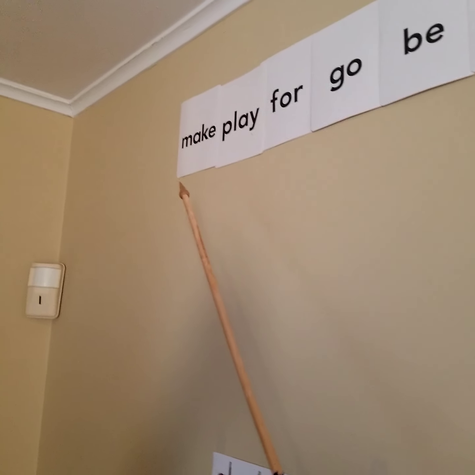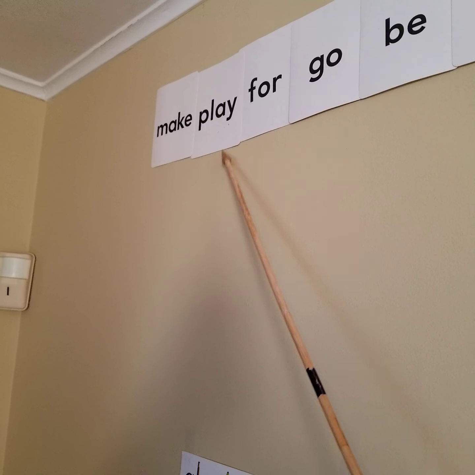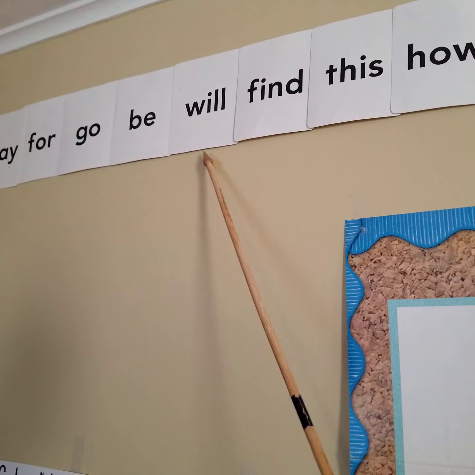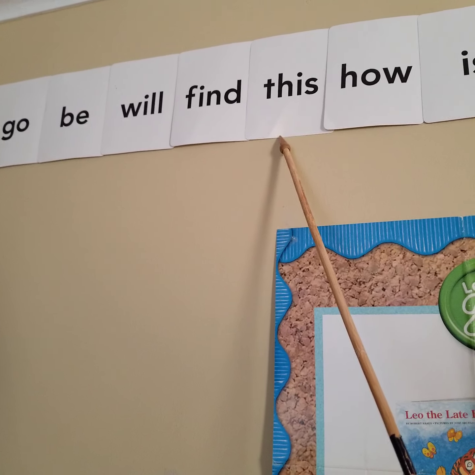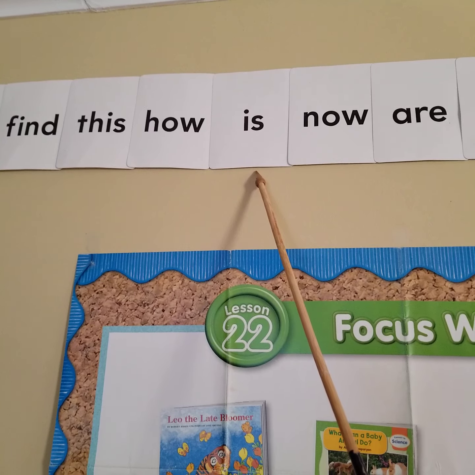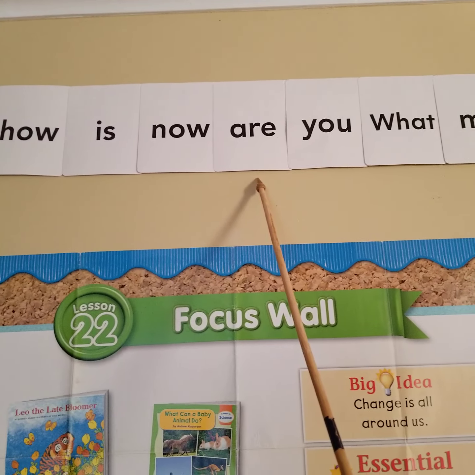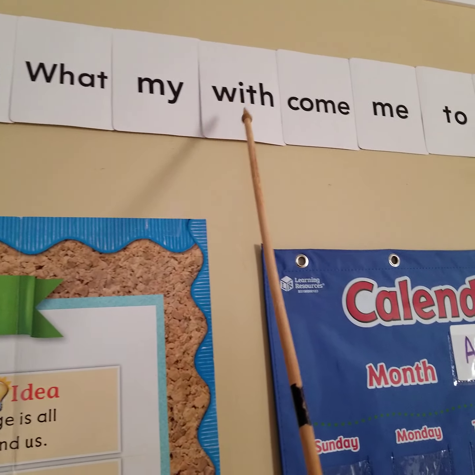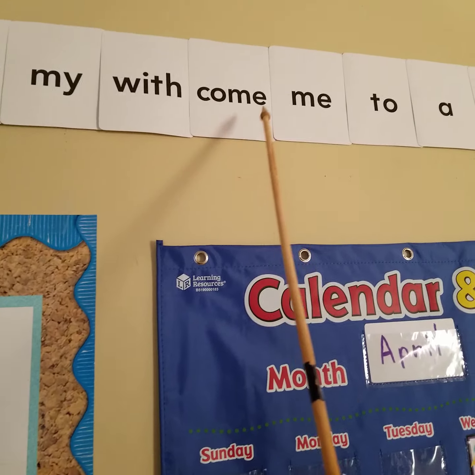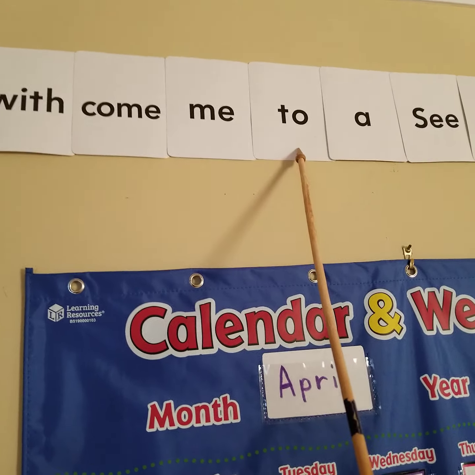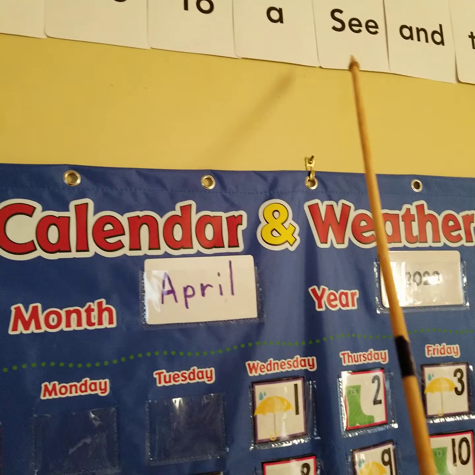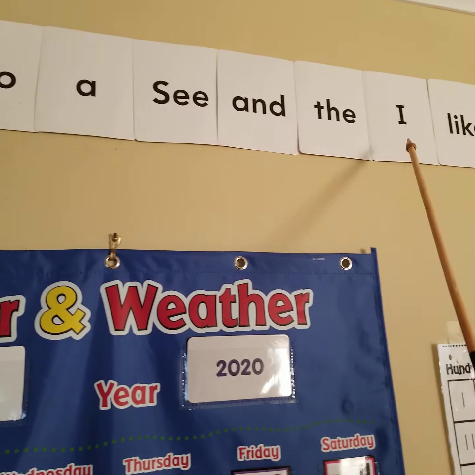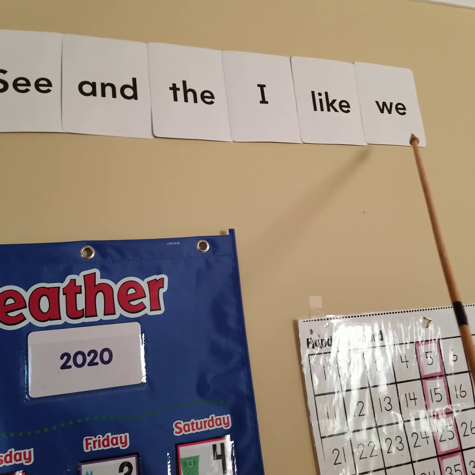All right, we're moving up to our words to know row. And we're going to start with make, play, for, go, be, will, find, this, how, is, now, are, you, what, my, with, come, me, to, a, see, and, the, I, like, we.